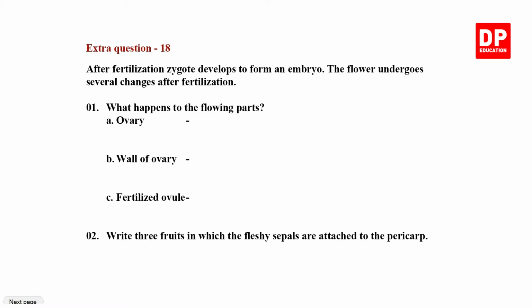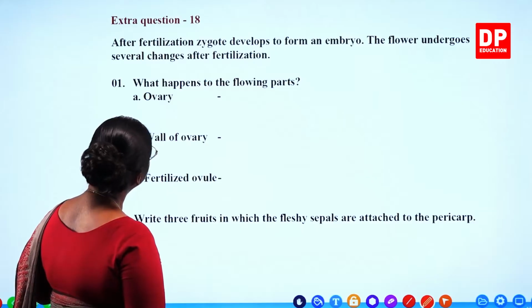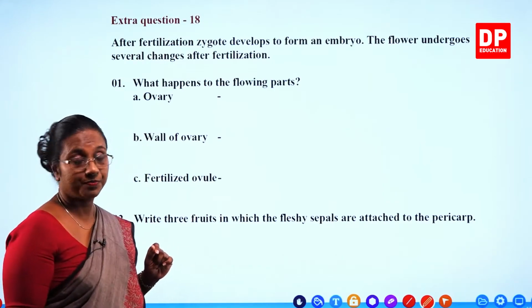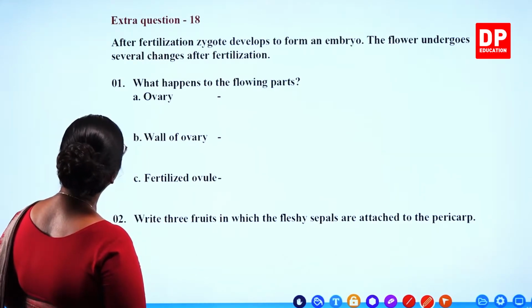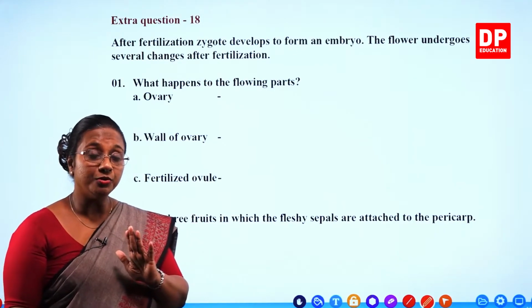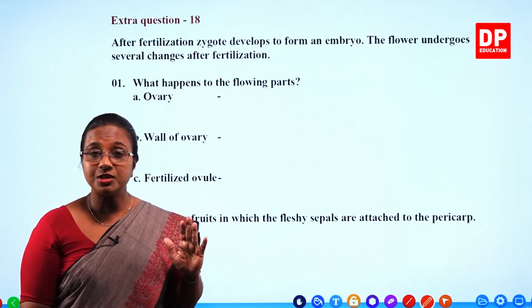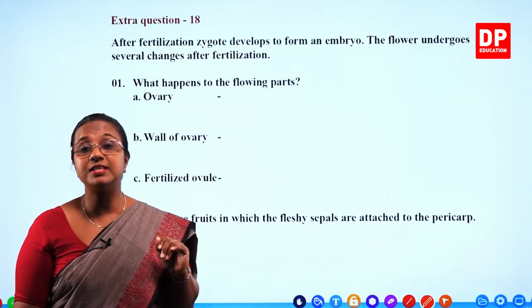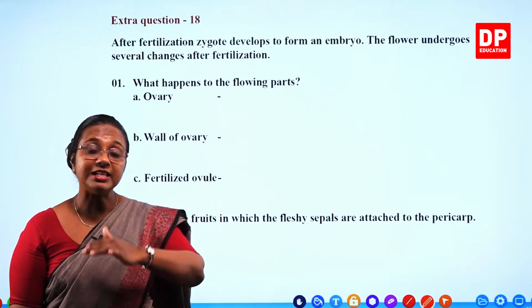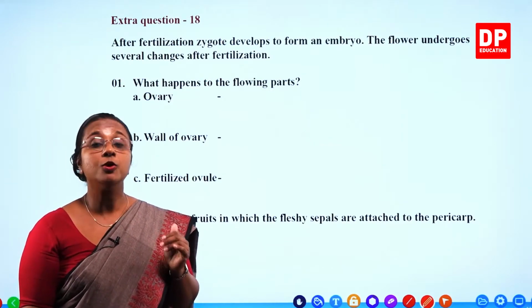Extra question 18. After fertilization, zygote develops to form an embryo. The flower undergoes several changes after fertilization. So you all know, initially it is the pollination process. The pollens fall on the stigma of the flower. Then the pollen tube grows and through that the gamete cell travels to the ovary.